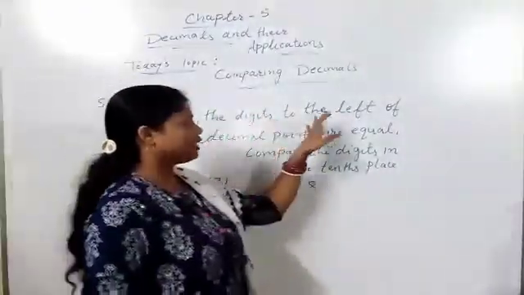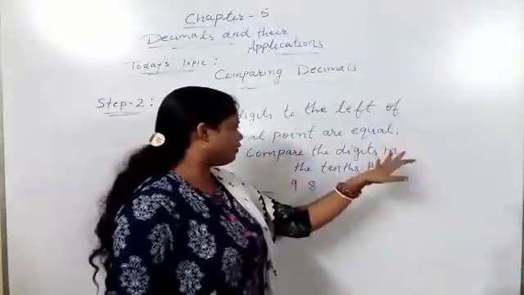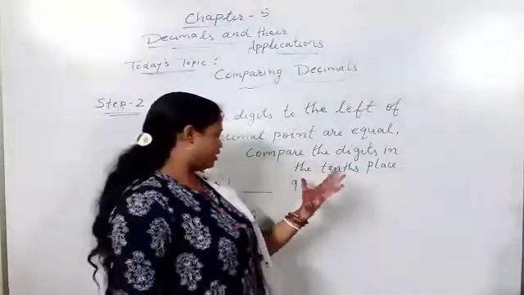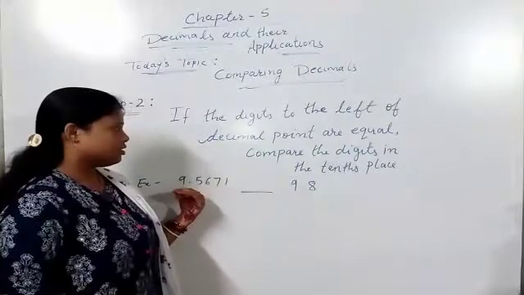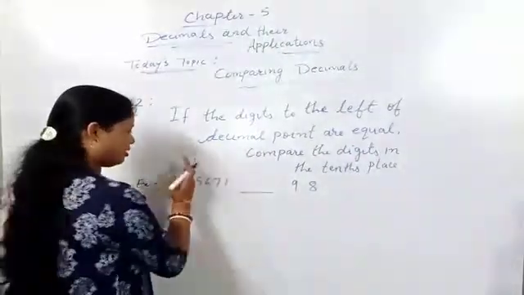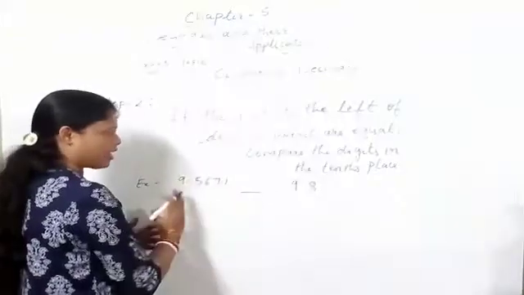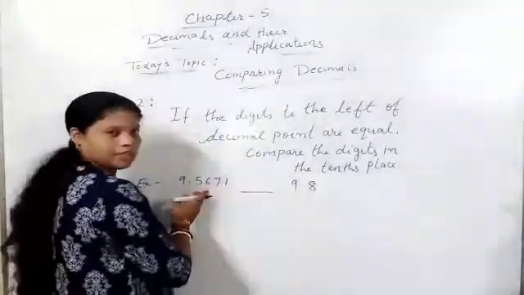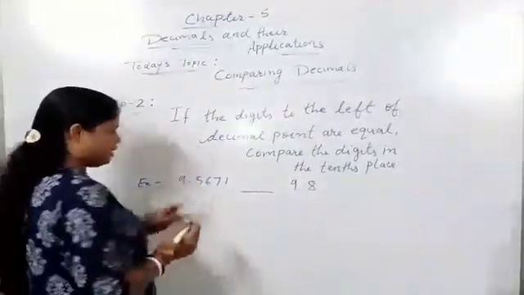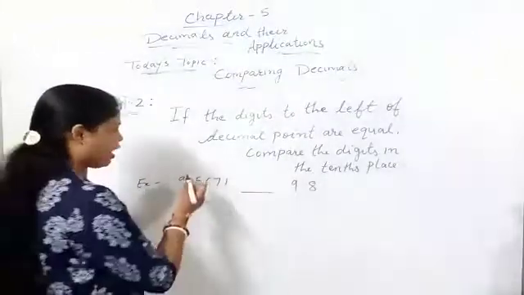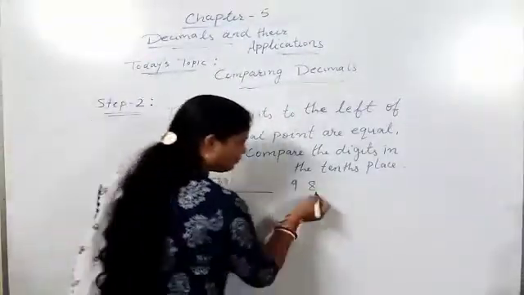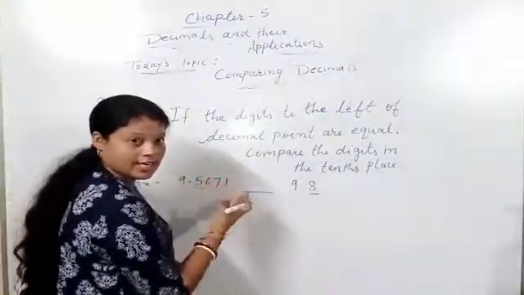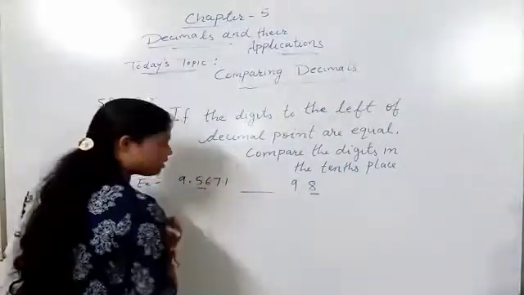If the digits to the left of the decimal point are equal, compare the digits in the tenths place. What is the meaning of that? If the digits before the decimal are equal, then we will compare the digit in the tenths place, the right side of the decimal. The first place after the decimal is the tenths place.